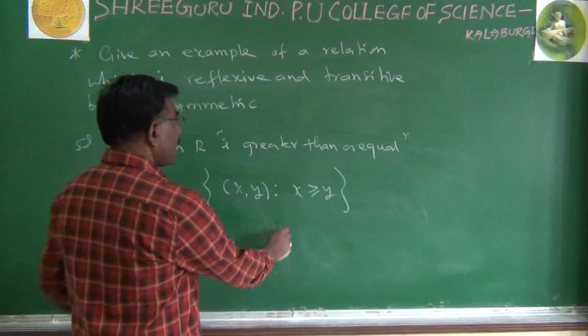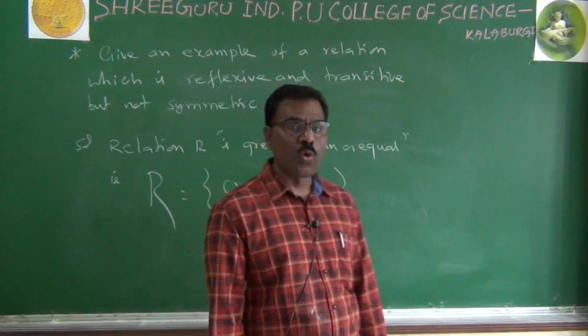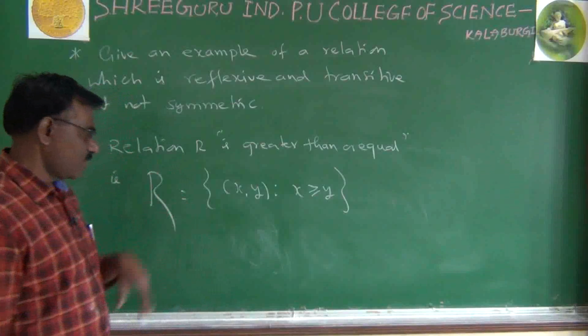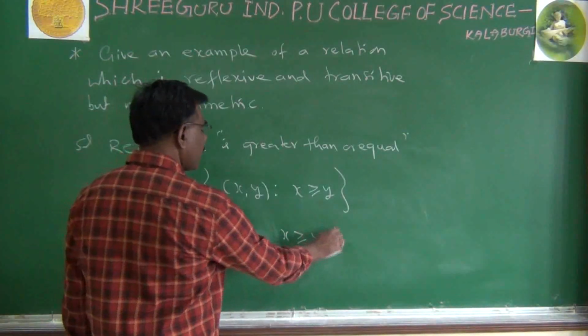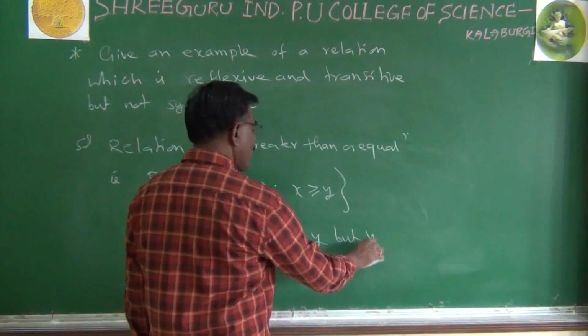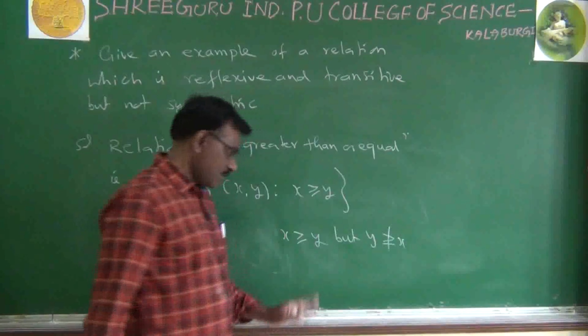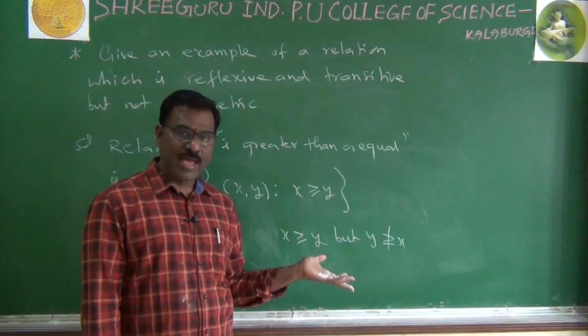To show transitive, there will be 3 elements and 2 ordered pairs. It is transitive, but not symmetric. Symmetric would mean x greater than y, but y does not greater than x.